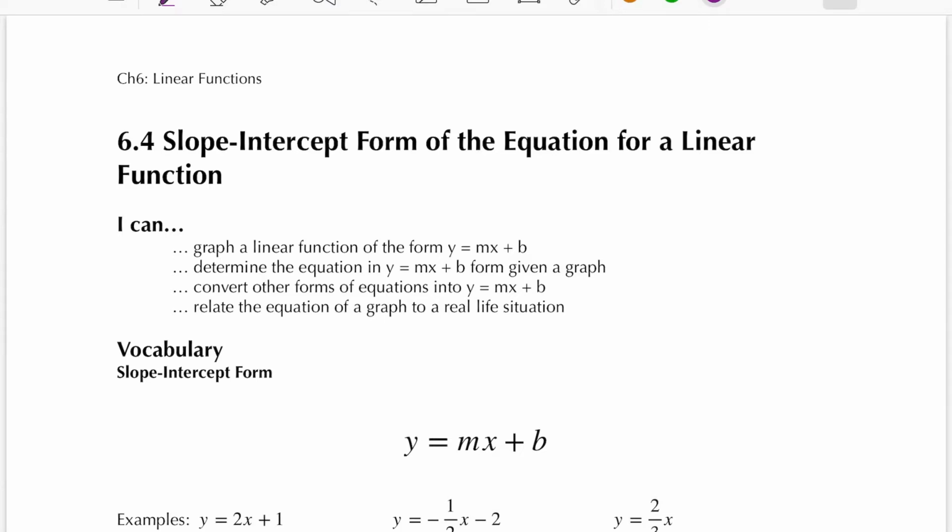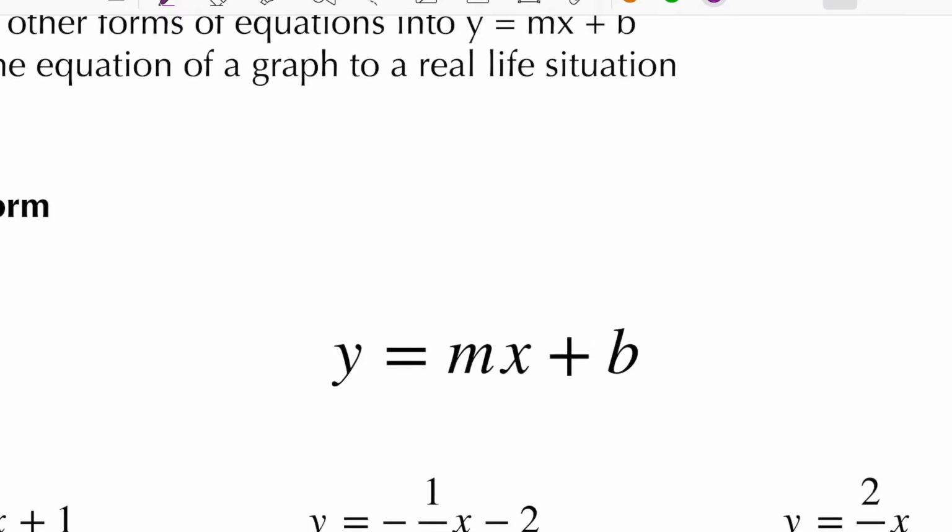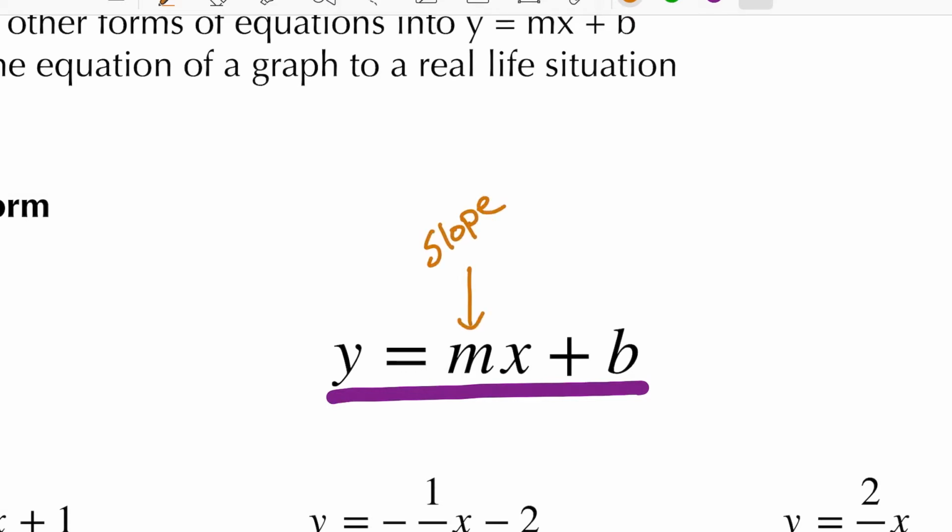All right, so here we have the slope-intercept form, y equals mx plus b. It's right here. And our m, the m stands for the slope. And the b stands for the y-intercept.